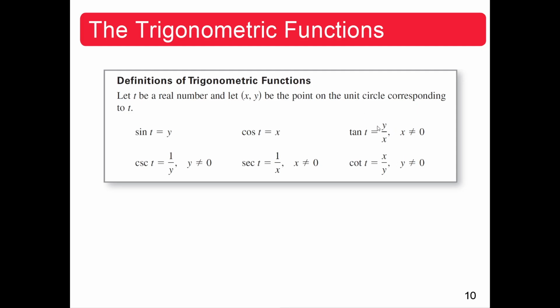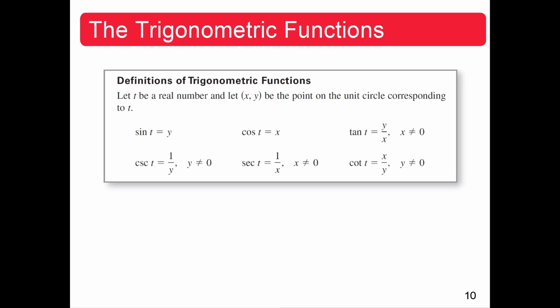So in this particular case, y over x, its reciprocal would give you x over y. There are lots of different connections between the various trigonometric functions. Sometimes tangent is even referred to as sine of t over cosine of t, since those are equivalent to y and x respectively. Okay, so that is the basic idea of how the different trig functions fit with this idea of a point. Now let's go ahead and dig a little bit deeper.